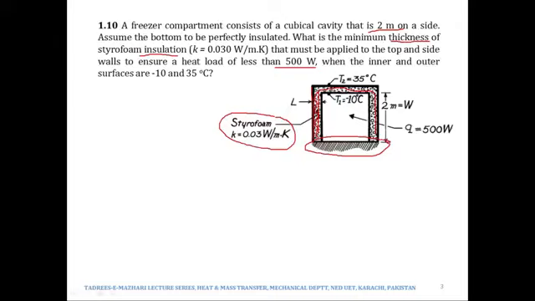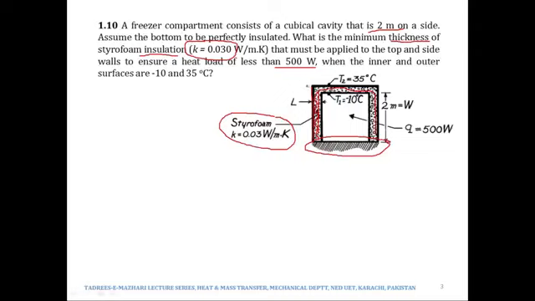So over here, since we are given information regarding the styrofoam insulation, K of which is 0.030 watts per meter Kelvin, what we will do is we may consider the conduction through the insulation.